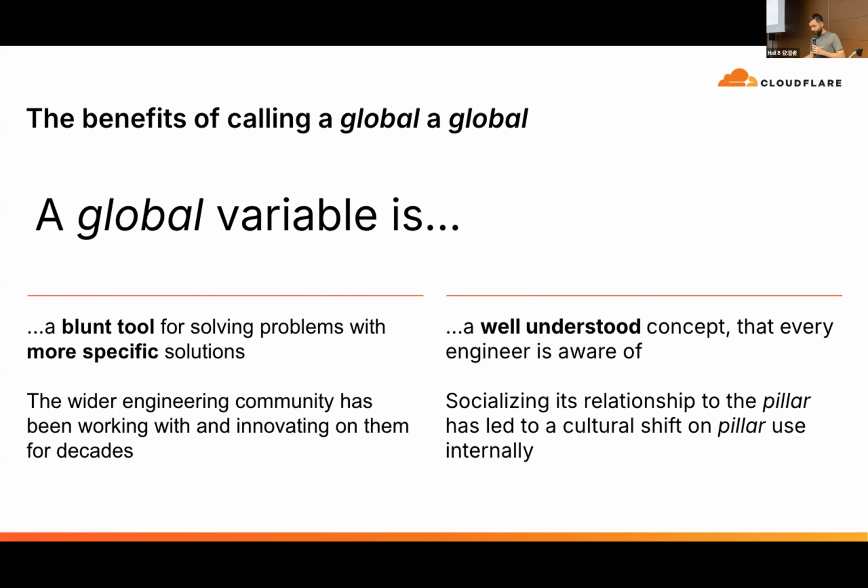For those that continue to use the pillar, they could do so with a full awareness of the benefits and also the drawbacks that it gave. But more practically, engineers were using this awareness, or still are, to develop mitigations and lead investigations into issues that they've seen. Ultimately, this awareness has led to a cultural shift in the way that we engage with the pillar and the way that we continue to develop our relationship with it as we go forward.